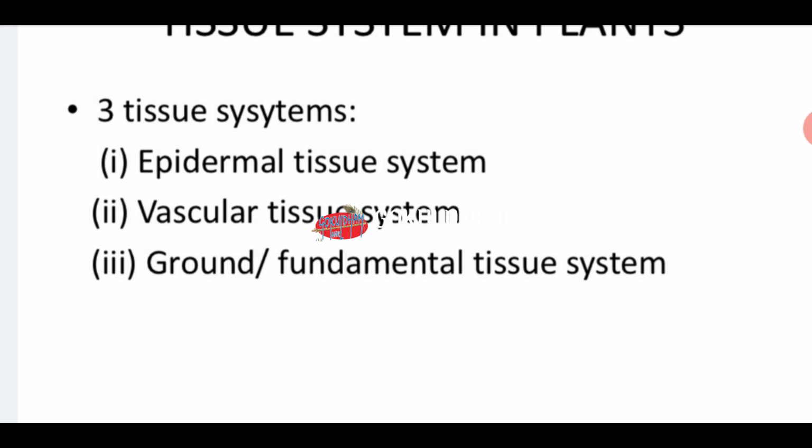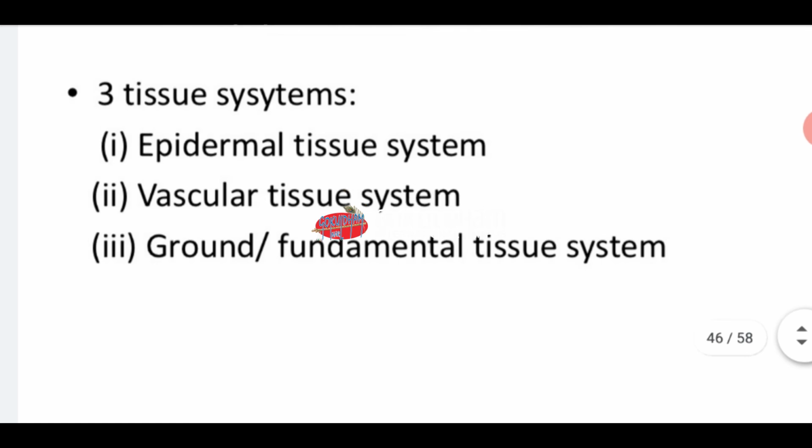The function of this vascular tissue system is to transport water and food, and it is made up of xylem and phloem. Then the third type is the ground tissue system, or we can say fundamental tissue system. The main function of this ground tissue system is to transport water and food for the plant.